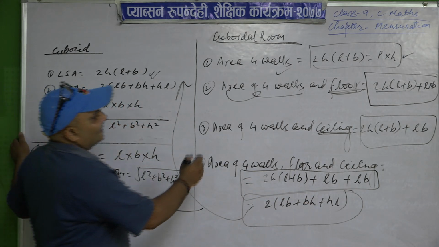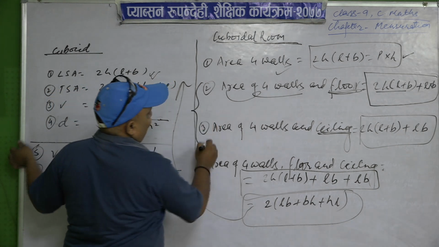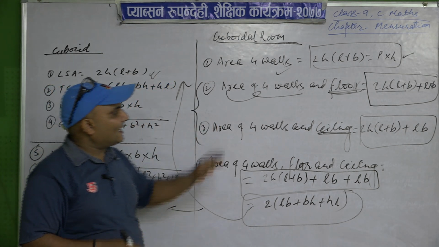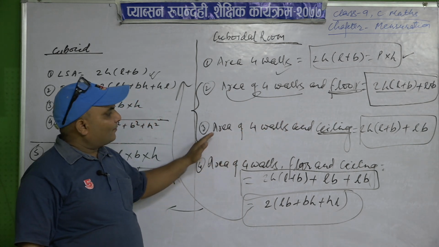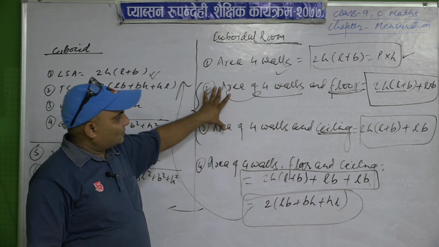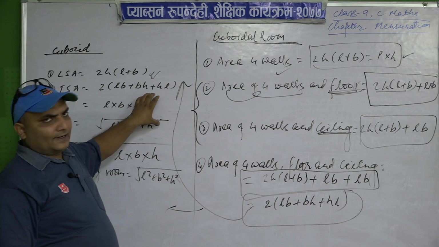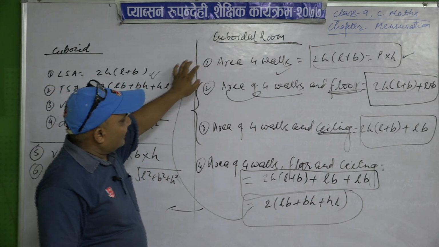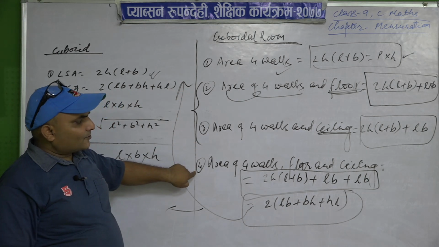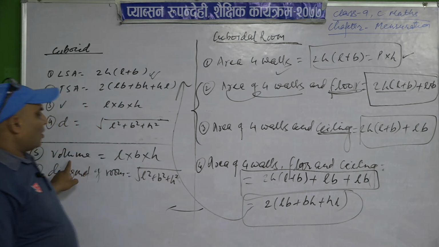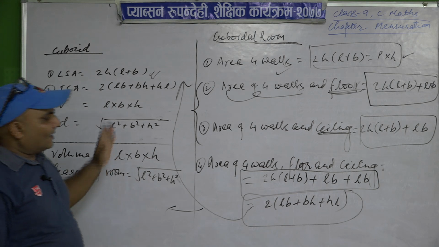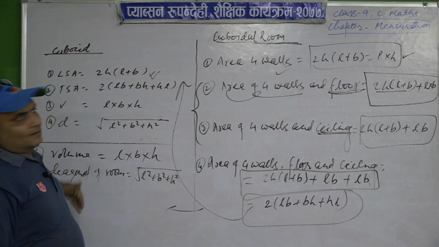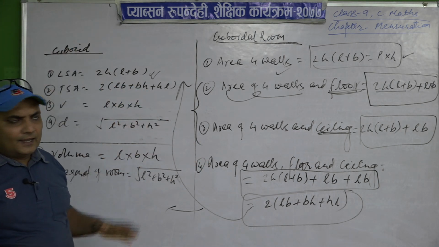You should be careful only about these two formulas, area of four walls and floor, and area of four walls and ceiling. These two are a little different from the cuboid. The area of four walls, and the area of four walls, floor and ceiling, volume and diagonal are the same as the cuboid.